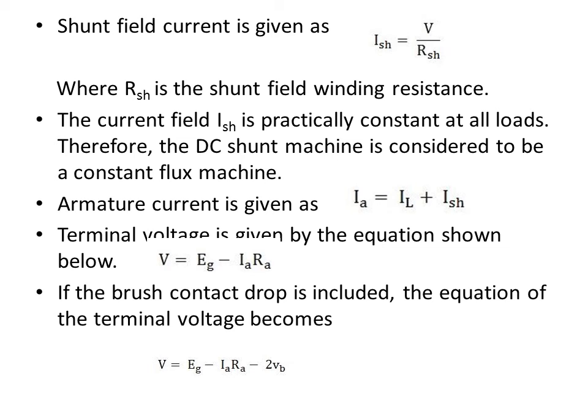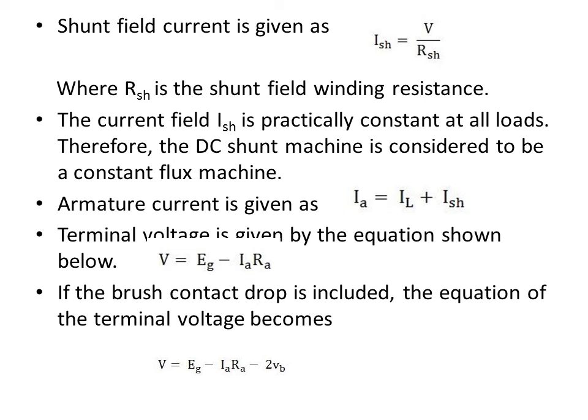The field current ISH is practically constant at all loads. Therefore, the DC shunt machine is considered to be a constant flux machine. The armature current is given as IA is equal to IL plus ISH.